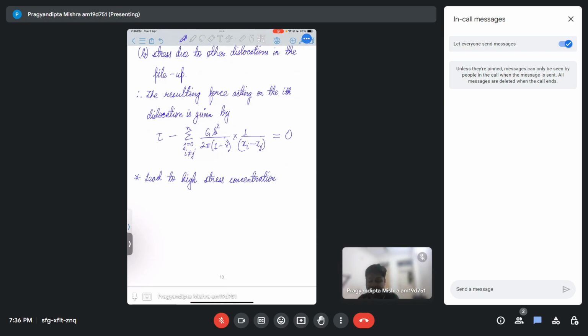So at the junction, there will be high stress concentration. Because of this, yielding can occur on the other side of the grain boundary. Okay.